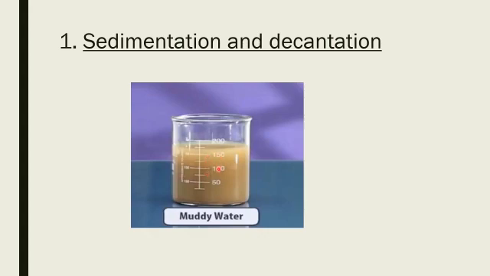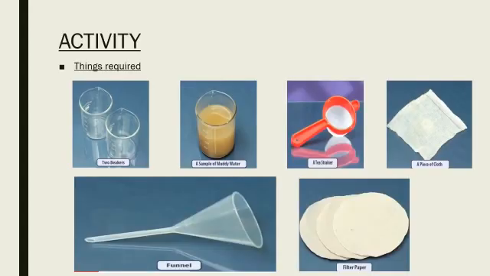For this we will do an activity. What do we need? We need two beakers, a sample of muddy water, a tea strainer, a piece of cloth, a funnel, and filter paper. Let us start.